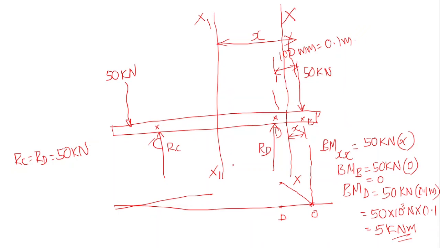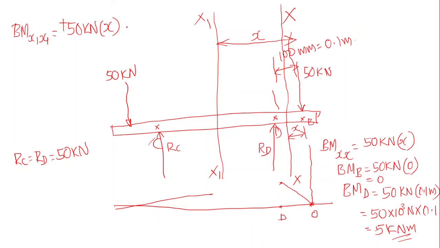Then the bending moment at x1 is equal to 50 kilonewton into x. We can treat the clockwise bending moment as positive.